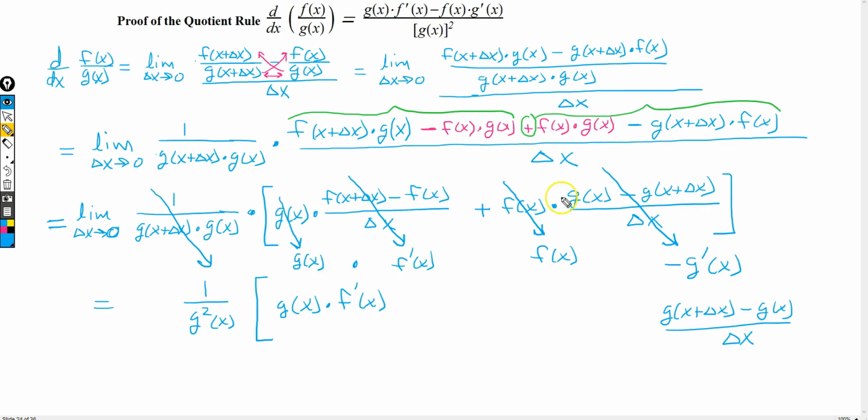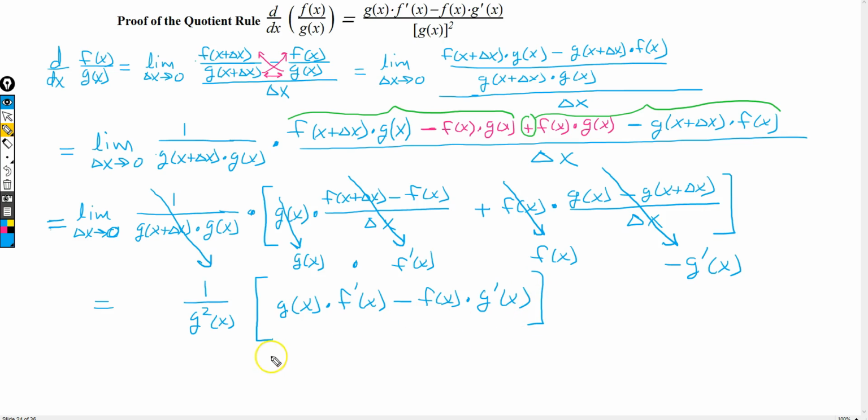But what we have in this piece is just the negative of this. And so this is approaching negative g prime. And now this negative makes that a minus. So we get minus f of x times g prime of x.